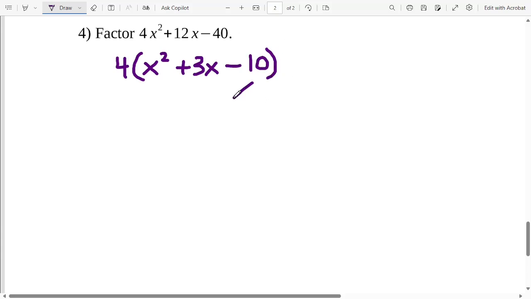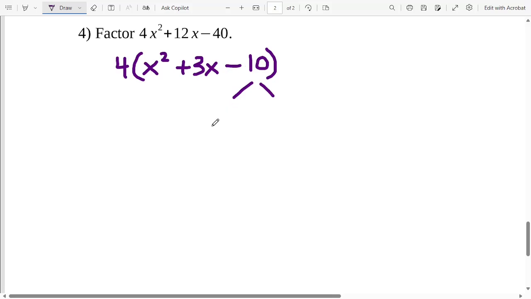Now we're going to factor this further. This is still factorable. We want terms that multiply to negative 10 but add to positive 3, meaning we have to have a negative times a positive, and the positive number has to be further away from 0 than the negative number.